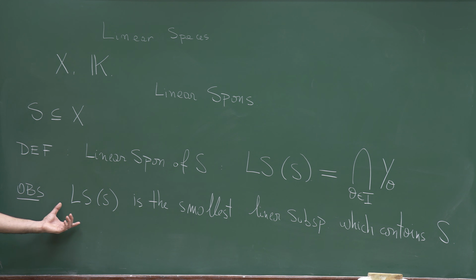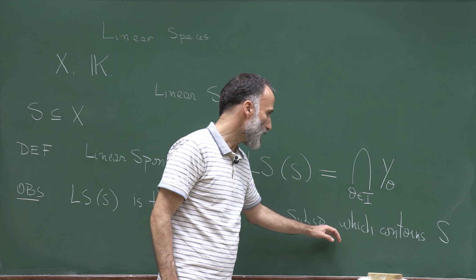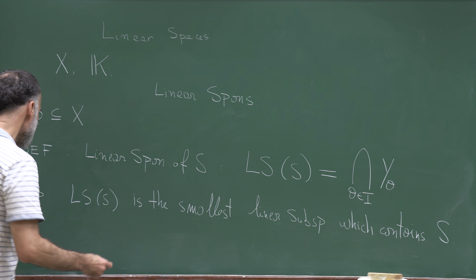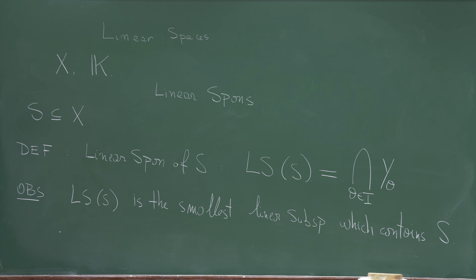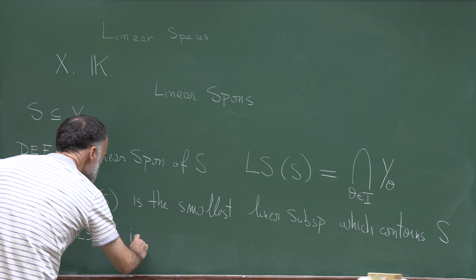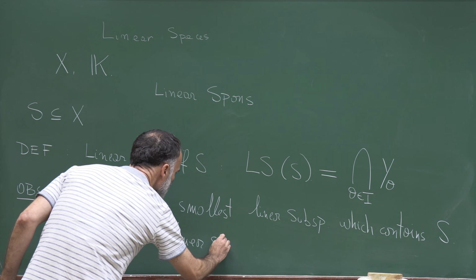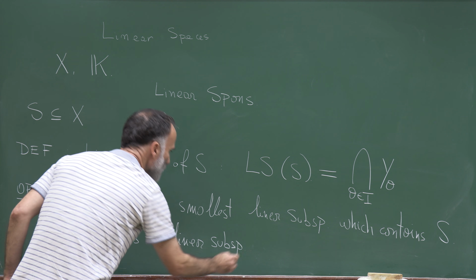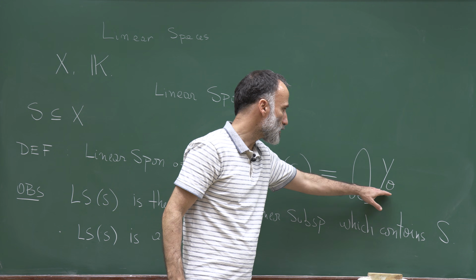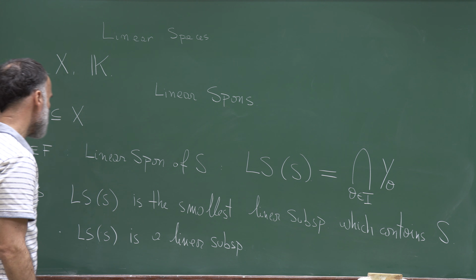Now I claim that the linear span of the set S is actually the smallest linear subspace of X which contains S. Why is this true? On the one hand, we have seen that LS of S is a linear subspace, because we know that the intersection of linear subspaces is a linear subspace.